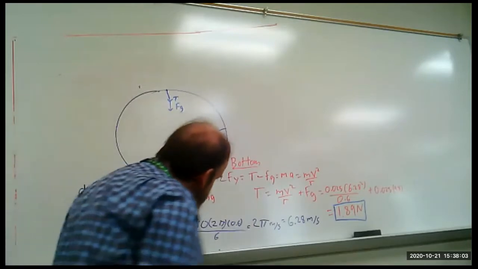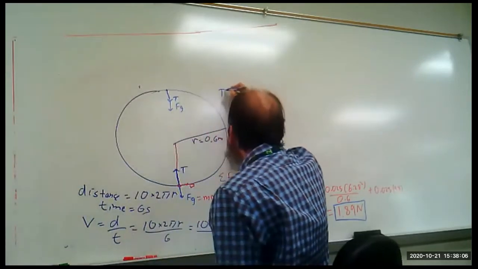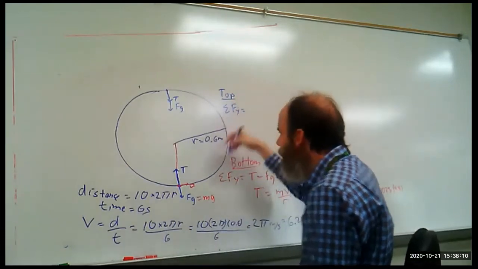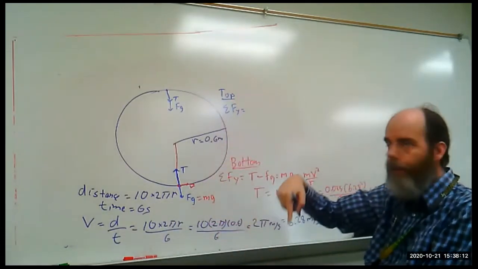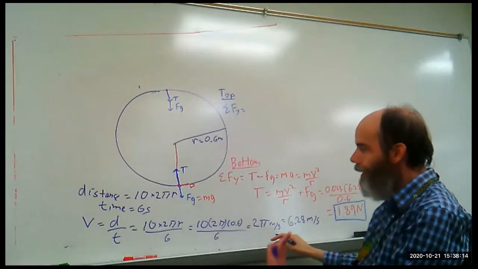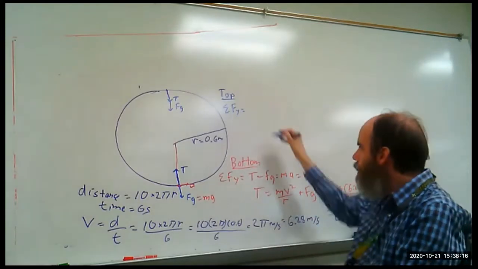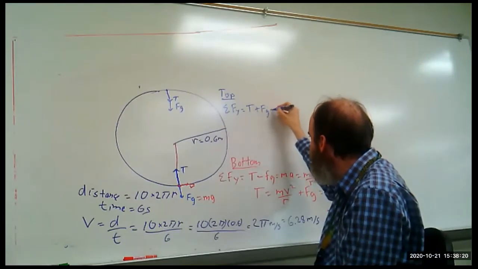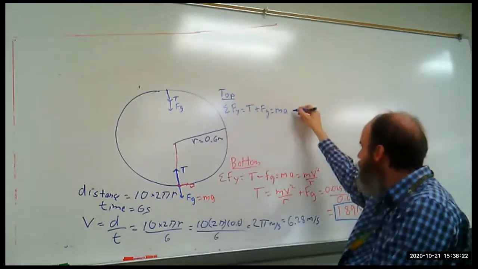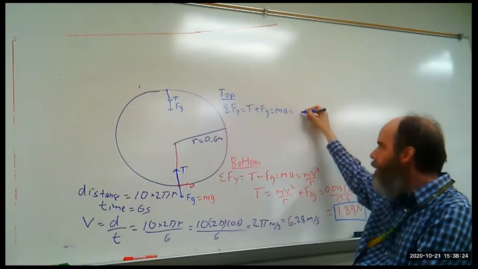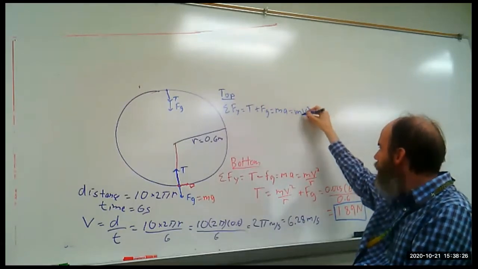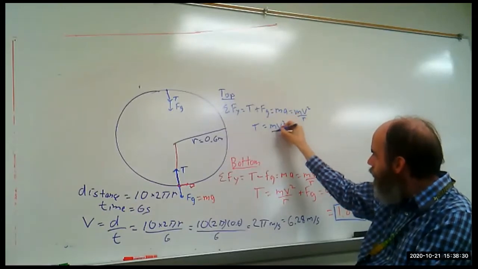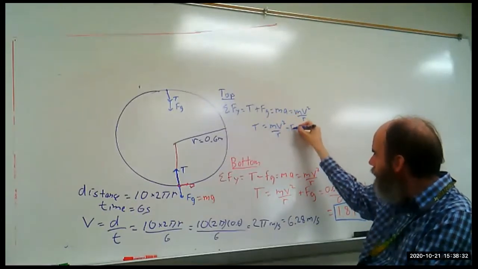So at the top, sum of forces in the y direction, and we'll say down is positive because that's the direction of the acceleration. So we have T plus Fg equals ma, and a is v squared over r, mv squared over r. So tension is mv squared over r minus Fg.